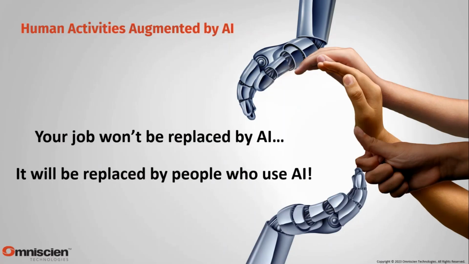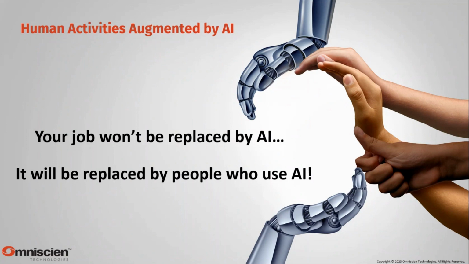Now, here's a really important point. Your job will not be replaced by AI. It's going to be replaced by people who use AI. Sit in your boss's seat. Would you want to hire the dumb, slow version or the fast-enabled version? Now, anyone can use AI. These tools are made friendly.